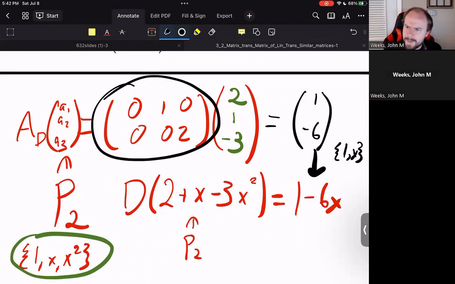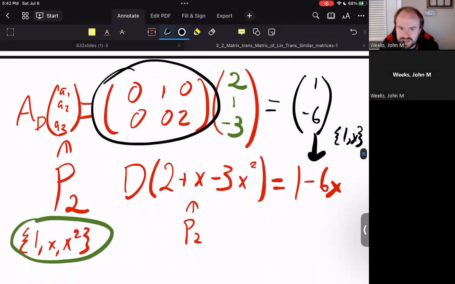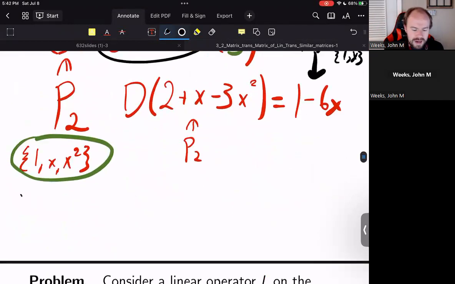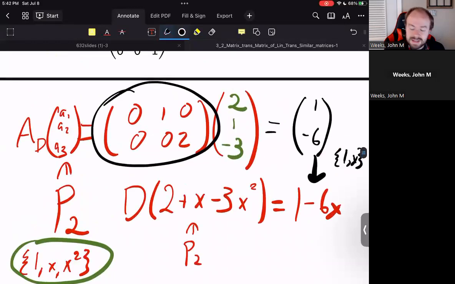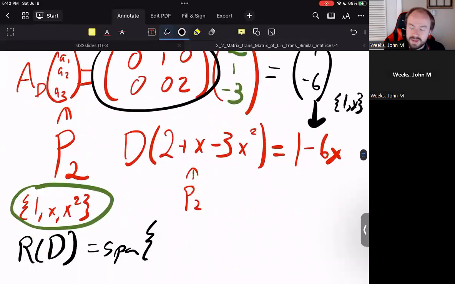Okay, so this is something that is going to be a neat little recurrent theme for us here. Whenever we're talking about linear operators like the derivative, we can now go through this matrix and ask questions like, what is the range of this particular operator? This is going to be the span of these columns here. Let me repeat myself here.